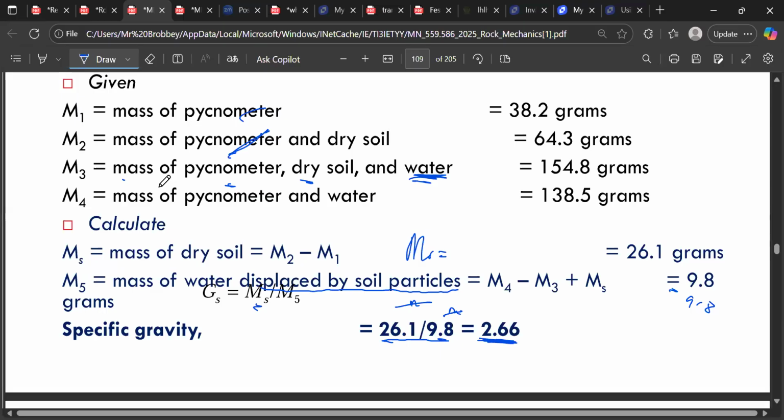After that, you want to see the marginal difference between only water and the water plus the solid particles, the substance whose specific gravity you are measuring. That margin between them will be the water displaced. And the ratio between the mass of the soil and the water displaced would give you your specific gravity.